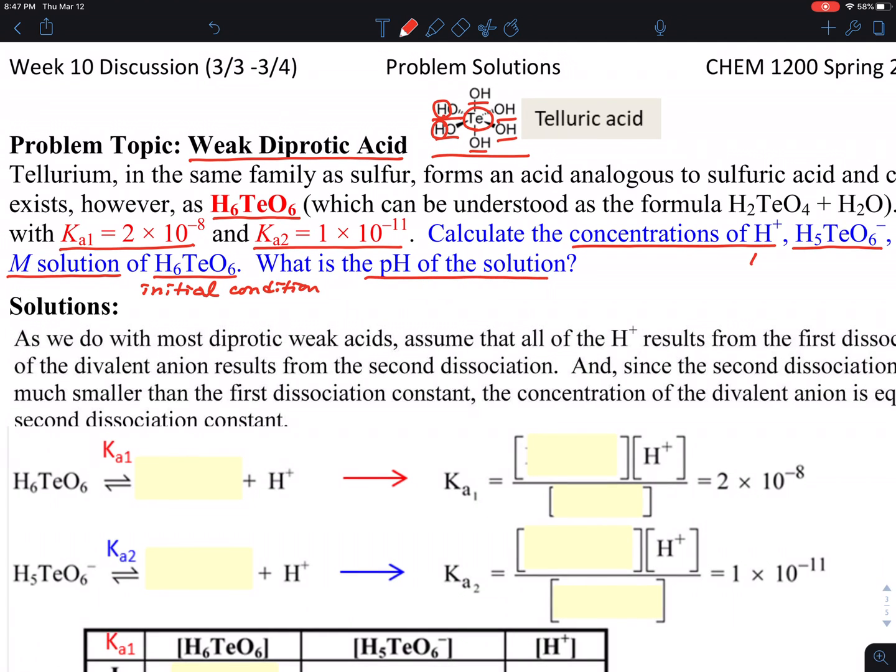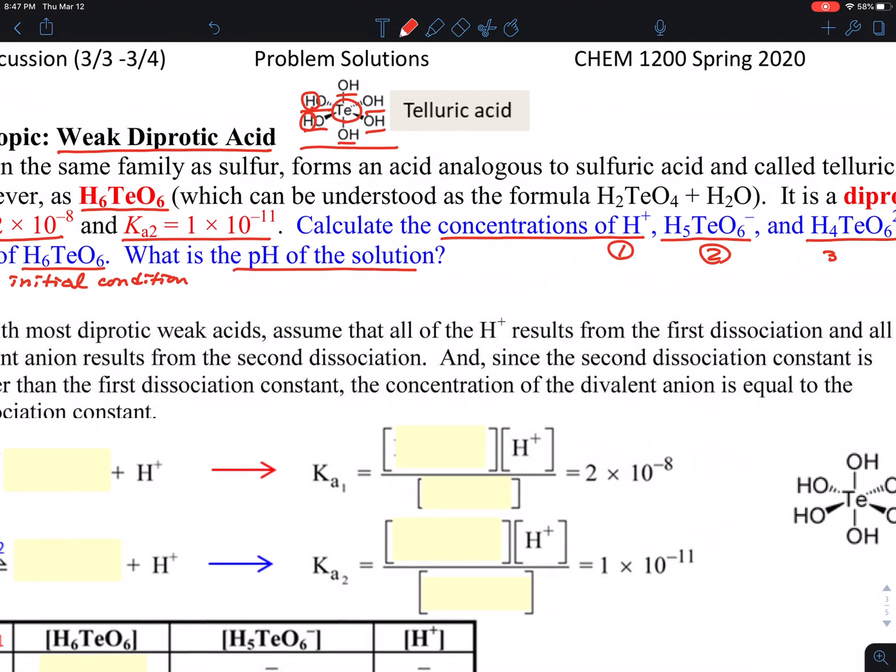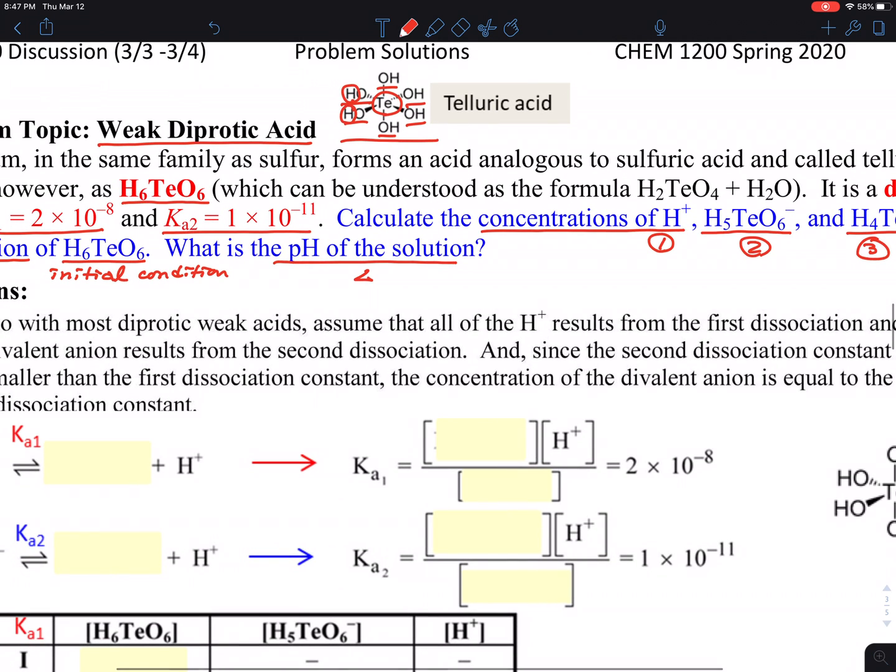So we need to know the concentration of H plus, of this H5 compound, of the H4 compound, and finally the pH. But these are very easy relationships because pH is nothing but the negative log of the H plus concentration. So as long as we know H plus, we know what it is.